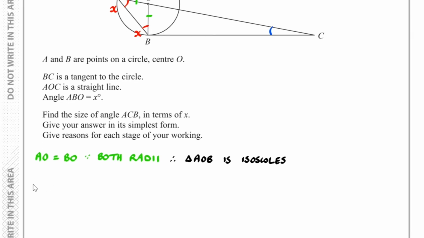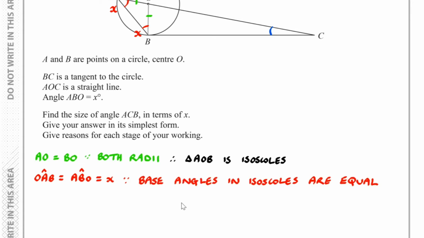That means the angle OAB, which is equal to the angle ABO, is also X, and the reason for that is base angles in an isosceles are equal. And what we can also do is find out what this angle here is, the angle OBC.